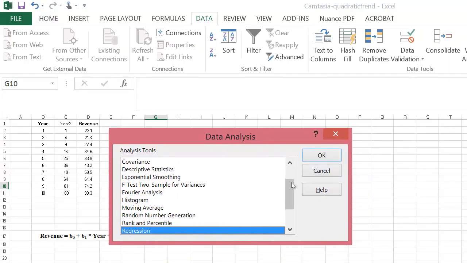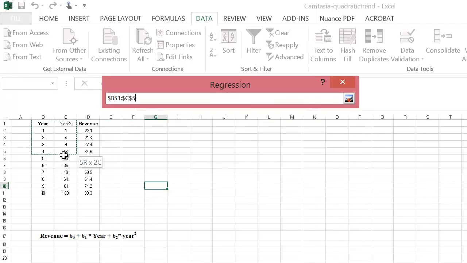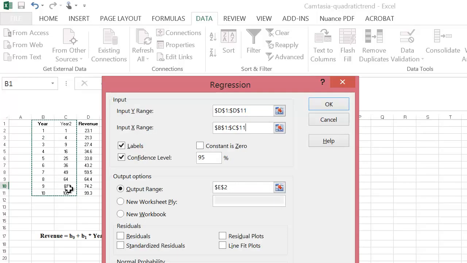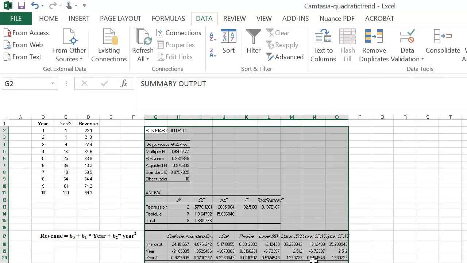I would do regression, and my dependent variable would be revenue. And my independent variables, in this case there are two, year and year squared, and the output, let's put it in cell EG2. So there's my regression output.